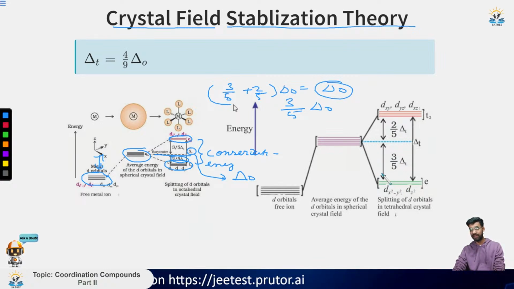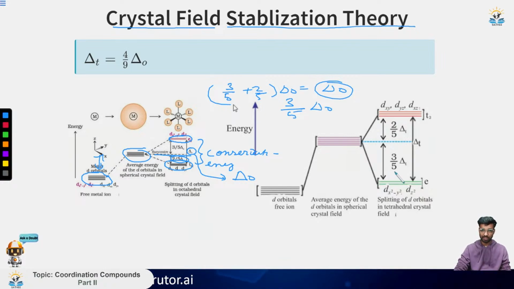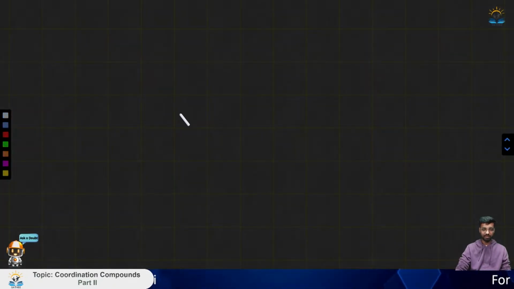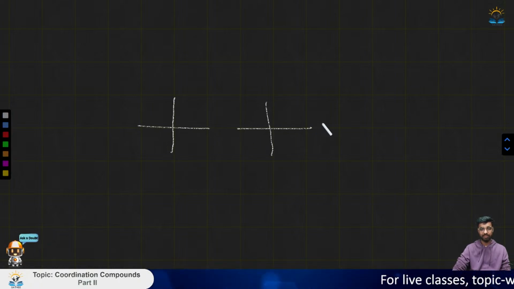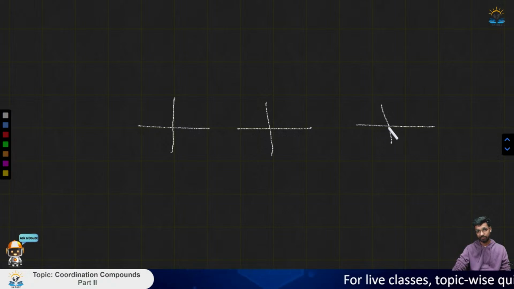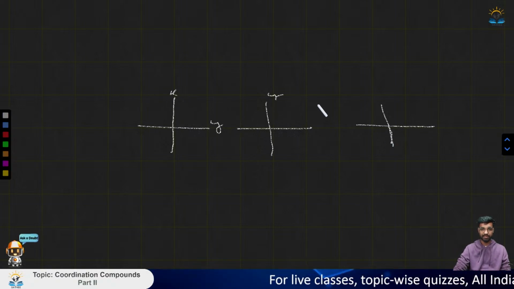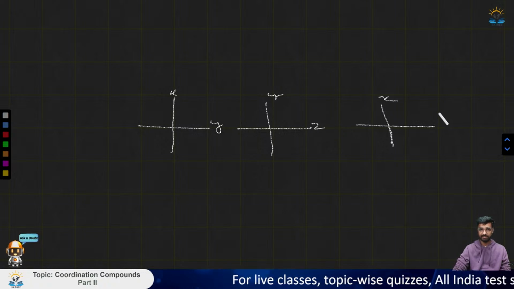In the tetrahedral case, they are lowered in energy. This means that the ligands are approaching between the axes. Suppose these are the three axes I am taking; this is xy, this is yz, and this is xz.